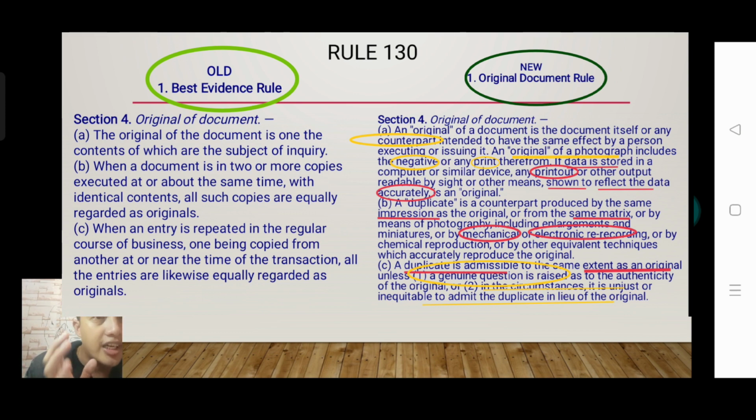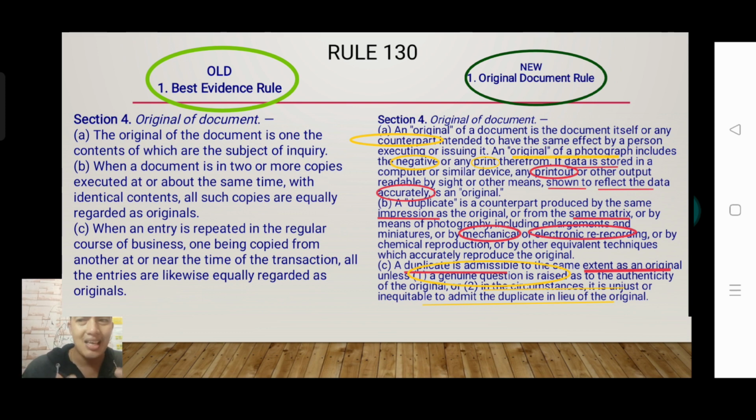But there was an insertion under the new rules. Let us read the insertion: "or the original cannot be obtained by local judicial process or procedures." Meaning to say, judicial process was used. Let us say, for example, the court issued a subpoena duces tecum in order to produce such original document, but it still was not produced. Therefore, a copy, any authentic copy, or any recital is allowed, as long as the existence and the execution of such document are true and correct.